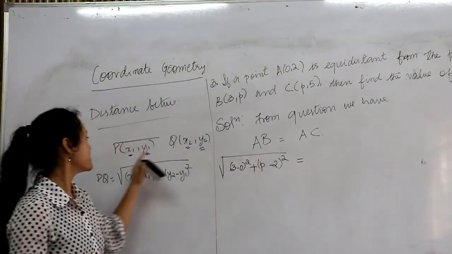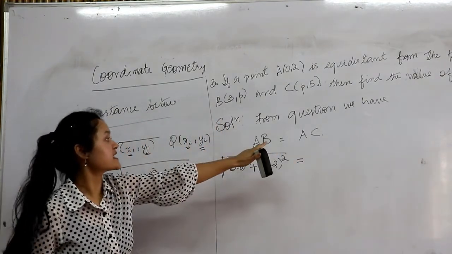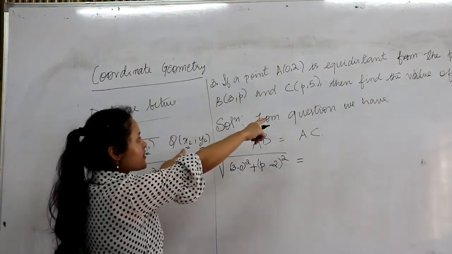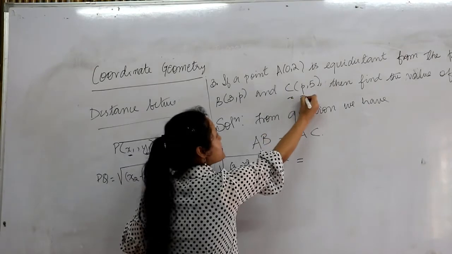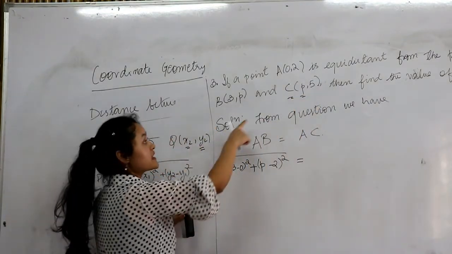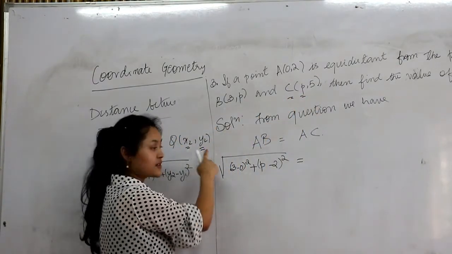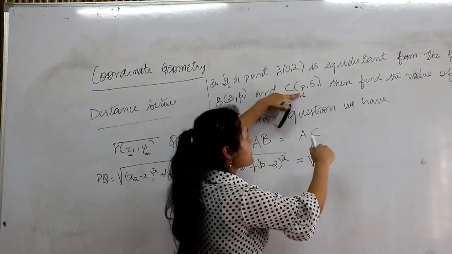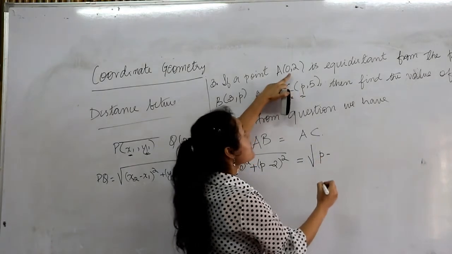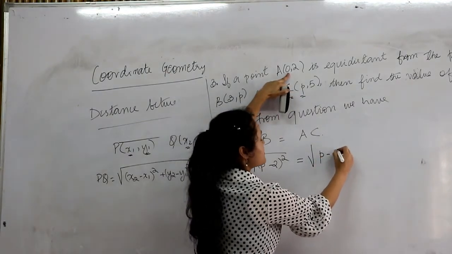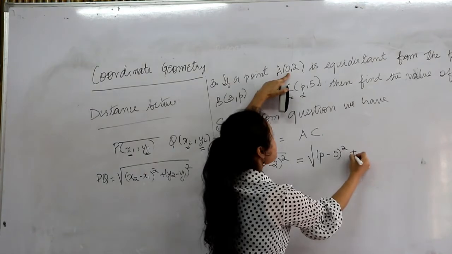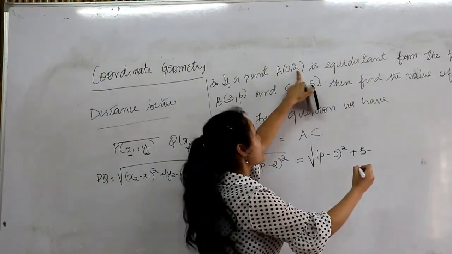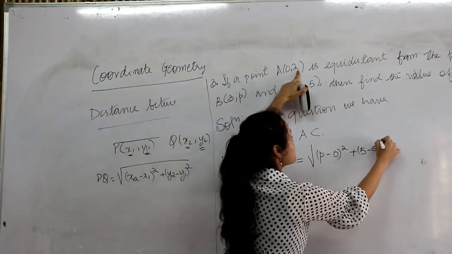Again same, your A will be same as P and your C, here you take Q. That means the coordinates of C, this P you take as x2 and that 5 will be your y2. Put directly the formula here. x2 minus x1, x2 will be P, x1 will be 0, square, plus y2 5 minus y1 2, whole square.